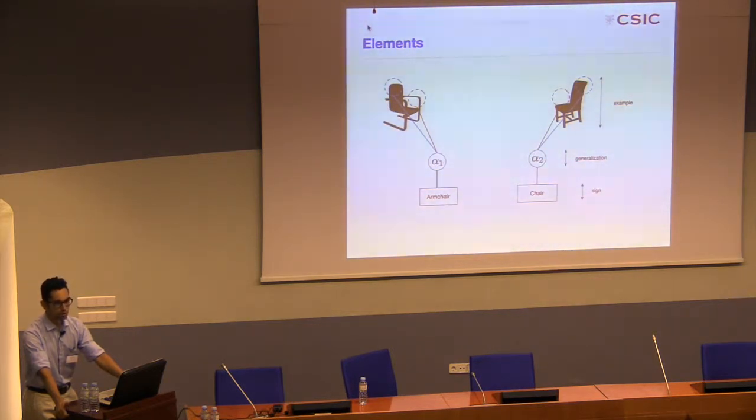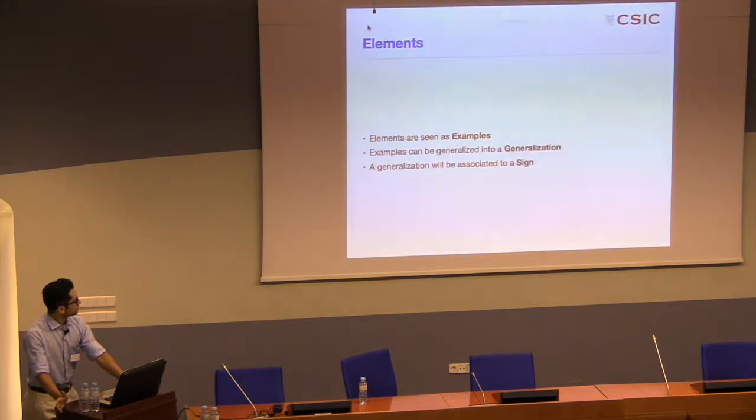And then when they have created a category, they can associate a sign with those categorizations, to communicate with other agents with those signs. So, for the moment, just remember those three things: elements, examples, generalization, and sign.